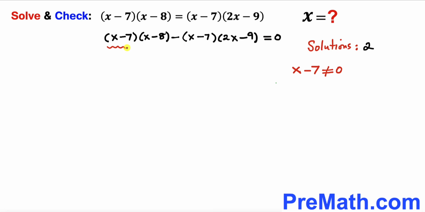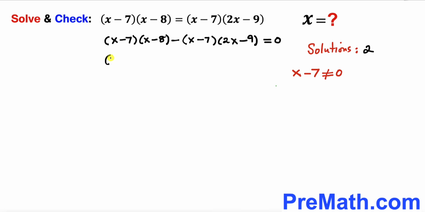Now we can see x minus 7 and x minus 7 are in common. So we are going to factor x minus 7 outside, and we end up with x minus 8 minus 2x minus 9 inside this bracket equals 0.